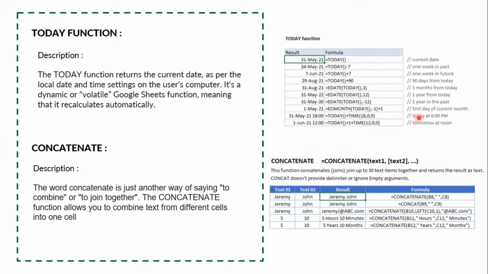It will reveal to you today at 6 p.m. So that is the today function, which will calculate automatically for you. You can reveal the date 1 week before, 1 week after, or even 90 days ahead, 3 months from today, and so forth.